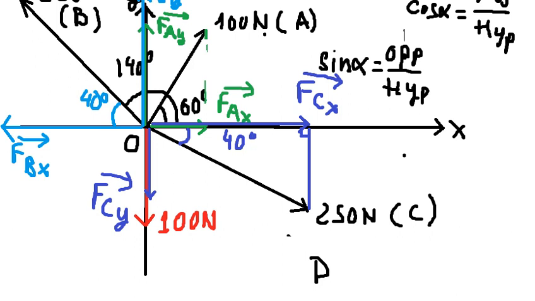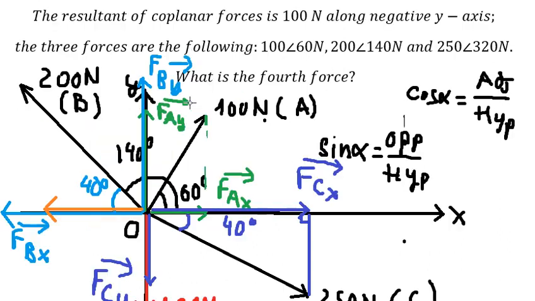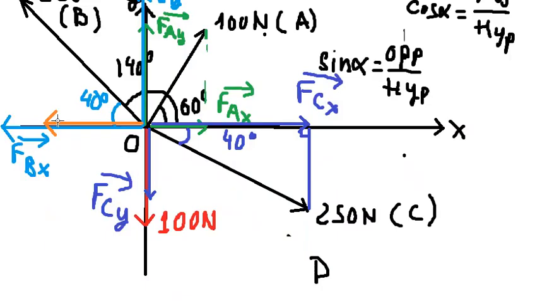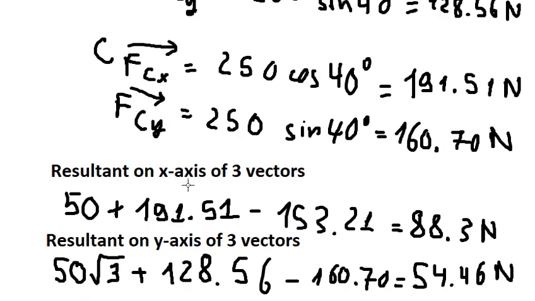So I will use about orange color. So why we need to go this way? Because the sum of two vectors in here is bigger than FBX, but on the resultant we don't have X. That means the orange, they will go on the left, so that they can cancel about x-axis.